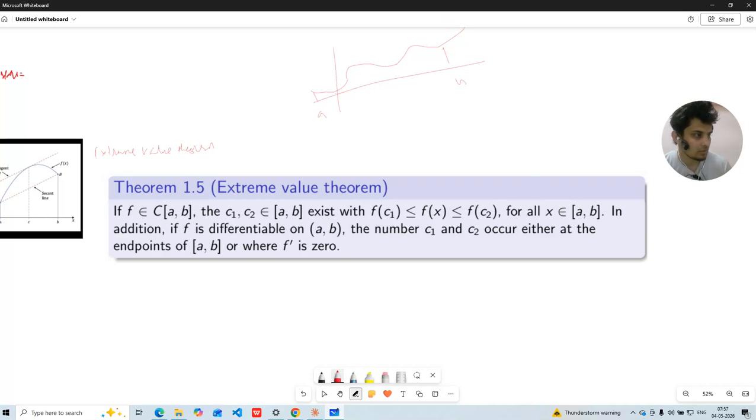Critical points. Okay. Global maximum, global minimum. This is a graphical representation of the extreme value theorem.